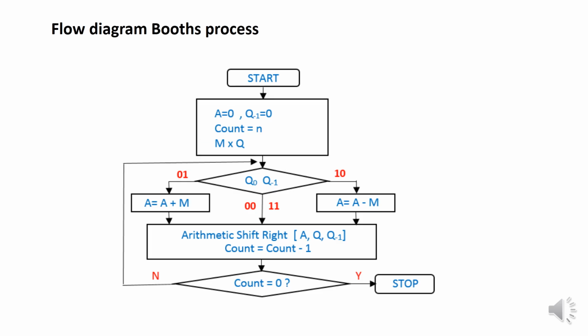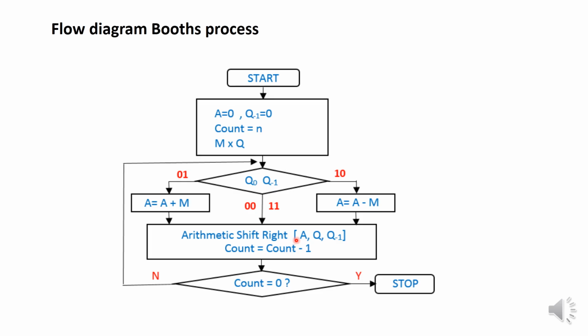And this is the multiplication. This is the comparison step of Q0 and Q-1. When there is 0, 1, we do the addition operation. And when it is 1, 0, we do the subtraction operation.